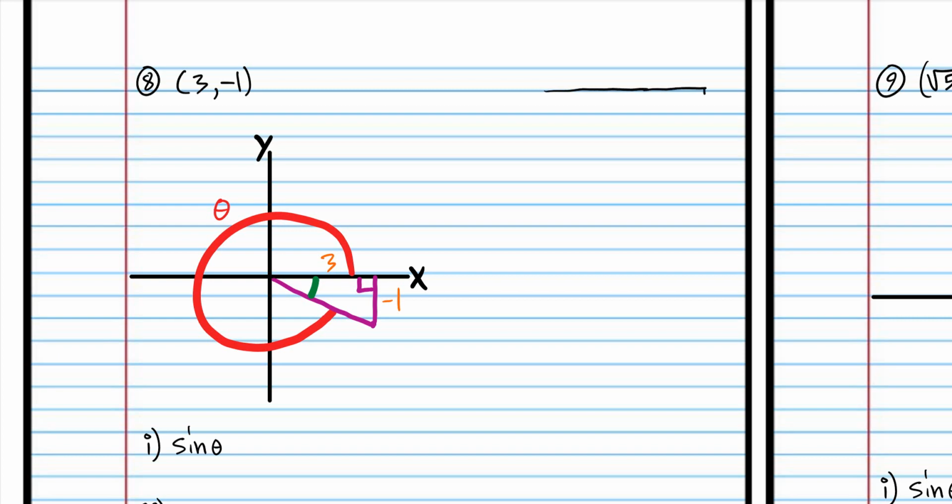So if we draw a triangle over here, we're looking for c. So 3 squared plus -1 squared is equal to c squared. We're using the Pythagorean Theorem.